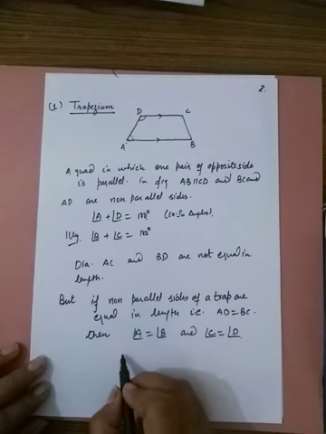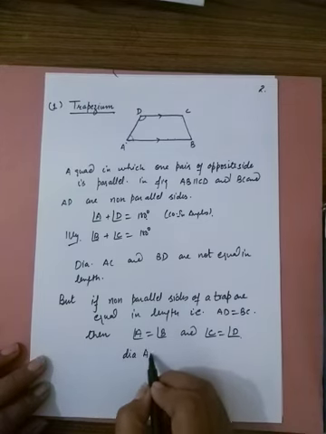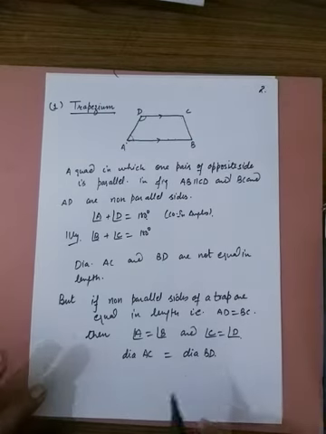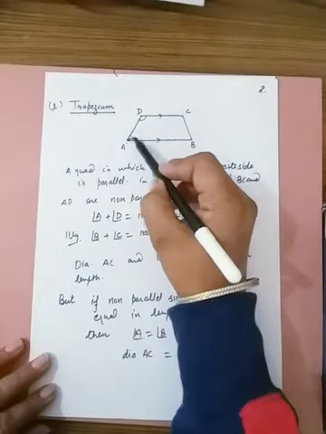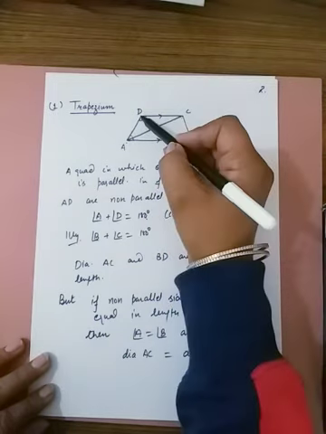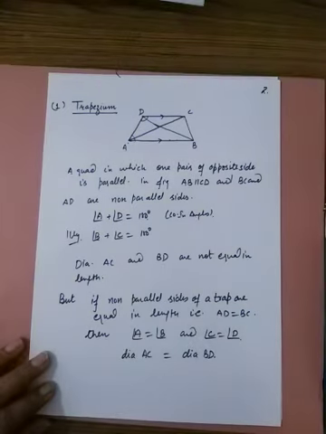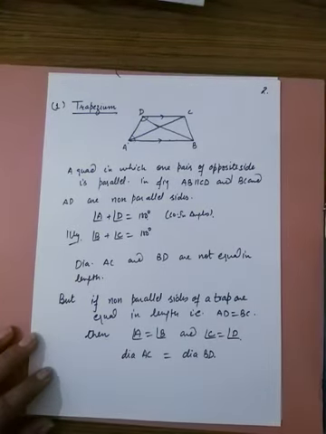And in that trapezium, diagonal AC will be equal to diagonal BD. The lengths of the diagonals will be equal in that case where the non-parallel sides are equal in length.